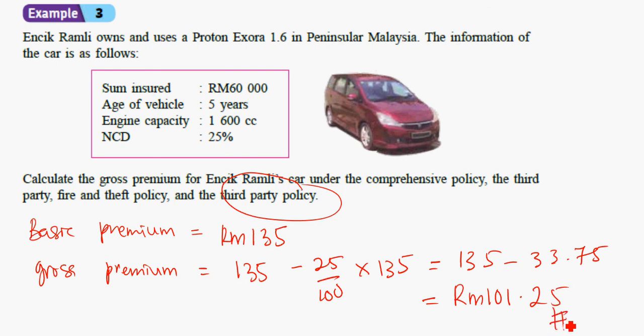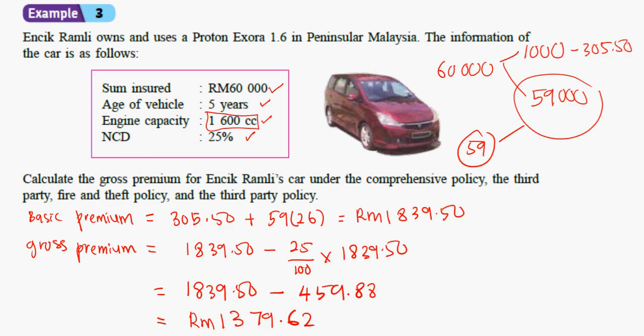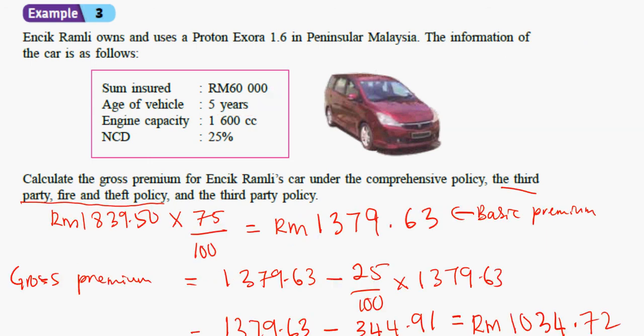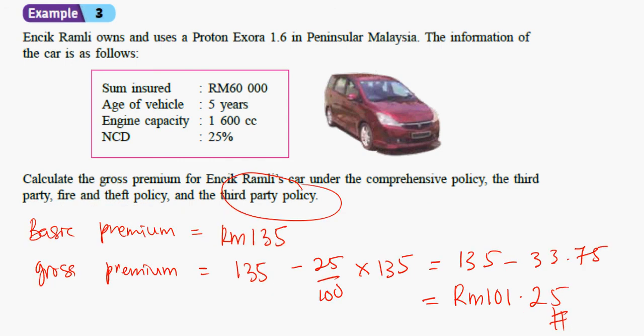So the gross premium for third party policy is 101 ringgit 25 cents. So that's how you calculate the comprehensive policy, the third party fire and theft policy, and also the third party policy. Hope it will help. Bye.